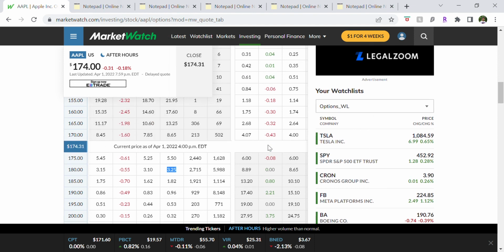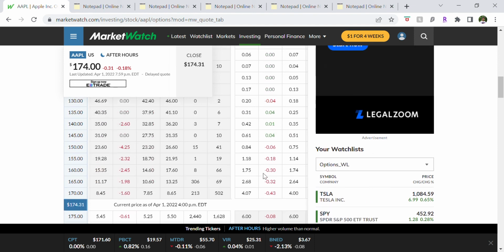Now I'll quickly go over a put credit spread. I don't think Apple is going to fall much from here. What I'm thinking is Apple is going to rise back from the value of 174.